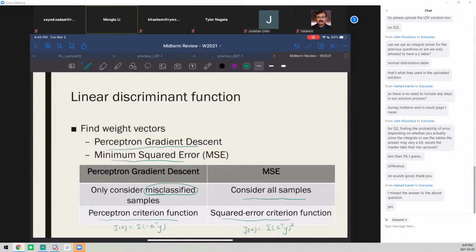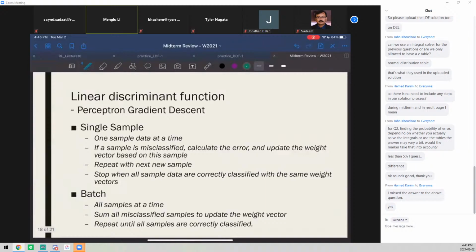That's the difference. These error functions and their integrals are also in the course notes, so just review them to see the differences between each error function and its integral. Okay, and perceptron gradient descent can be run on a single sample or in batch.